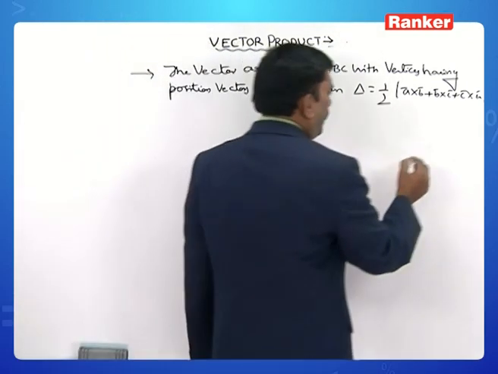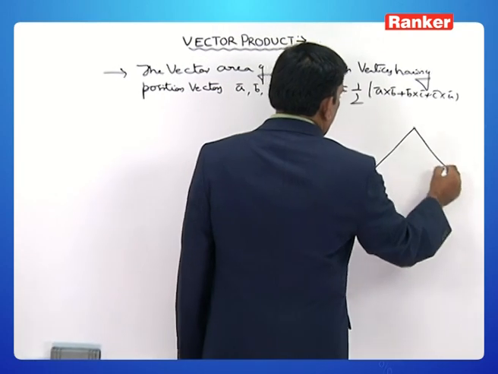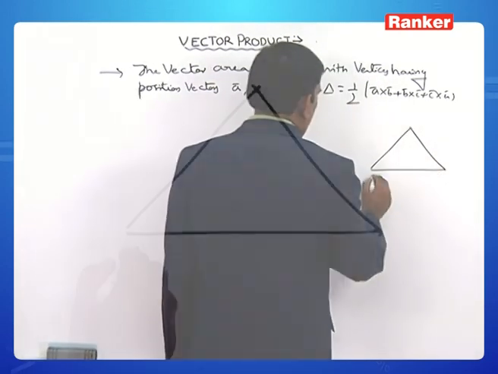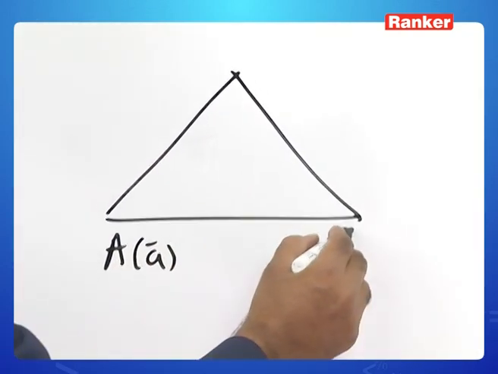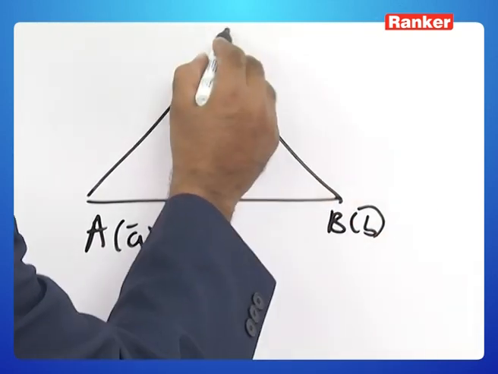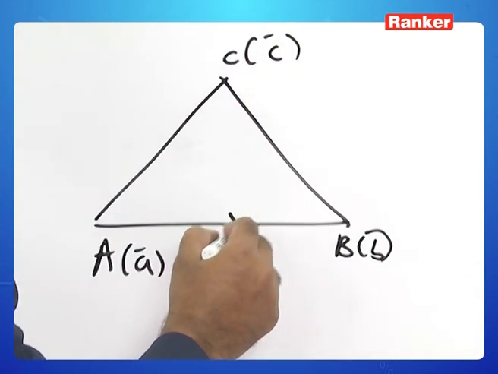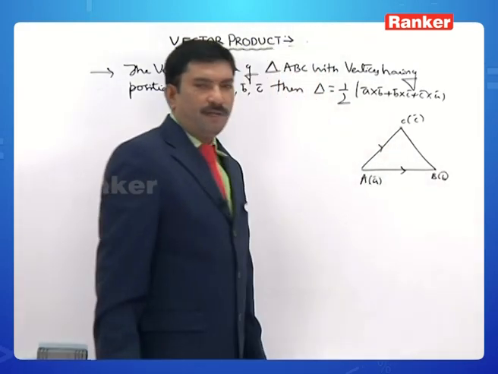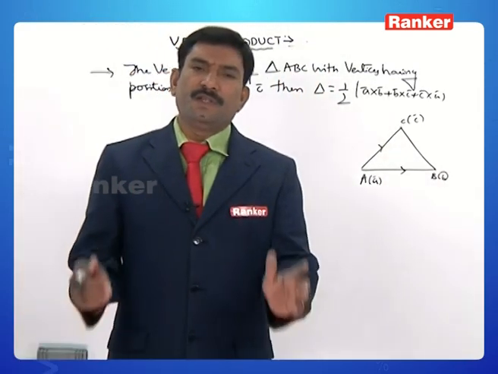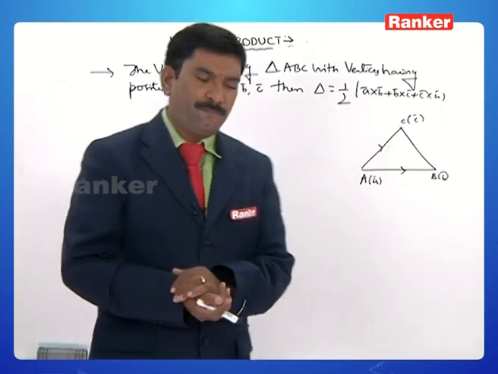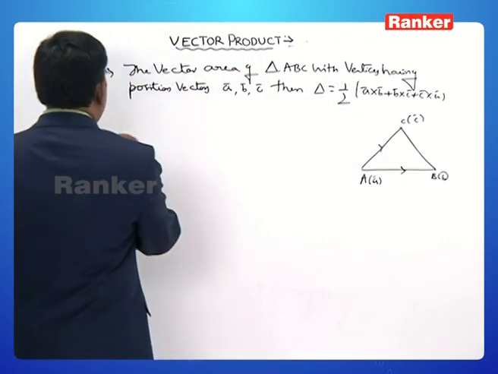Let us take the triangle with A of position vector A bar, B of B bar, C of C bar as the position vectors of its vertices. Now I start.